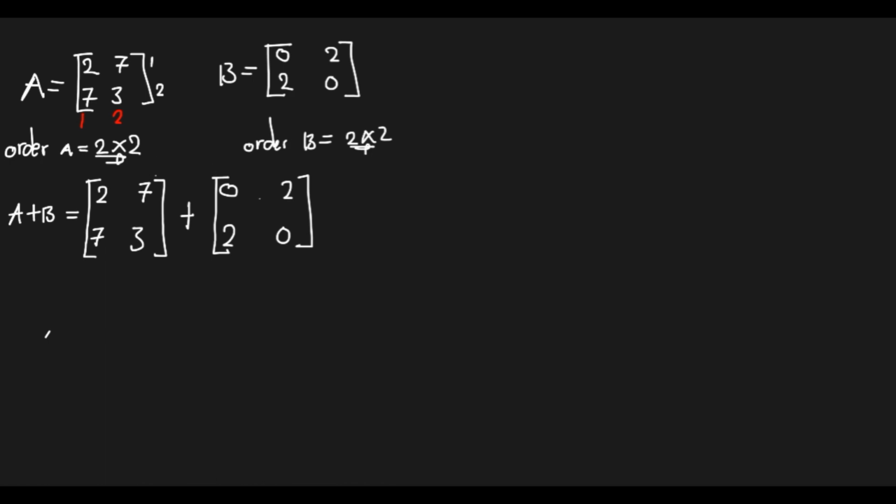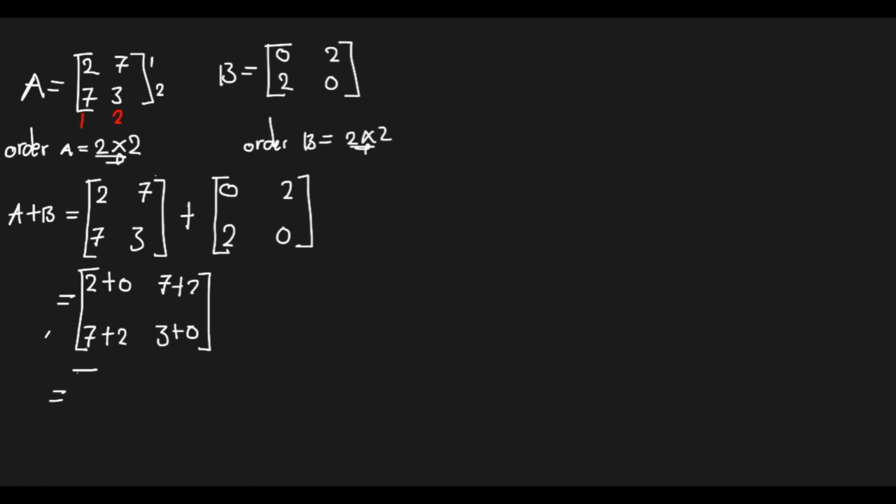So what this means is the 2 will be added with the 0, then the 7 with the 2. So 2 plus 0, then 7 plus 2. Then here we are going to have 7 plus 2, and 3 plus 0.